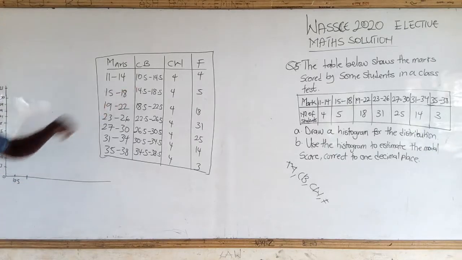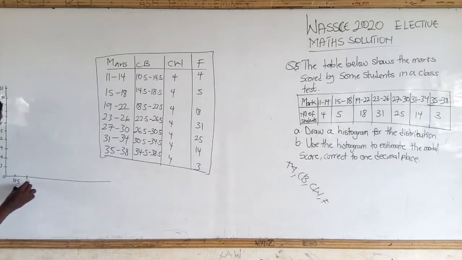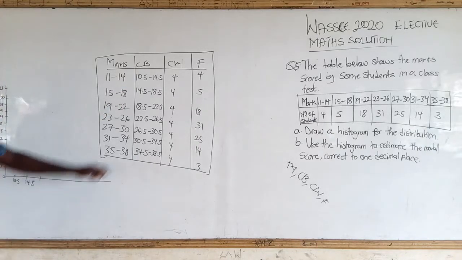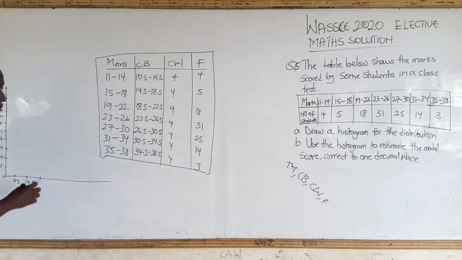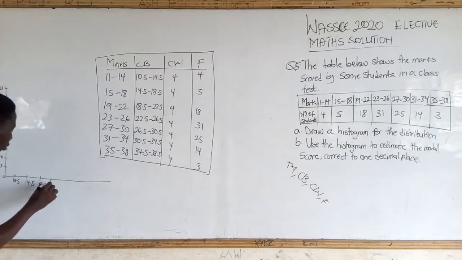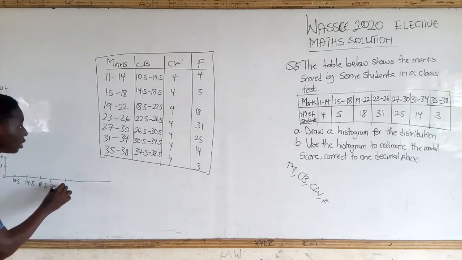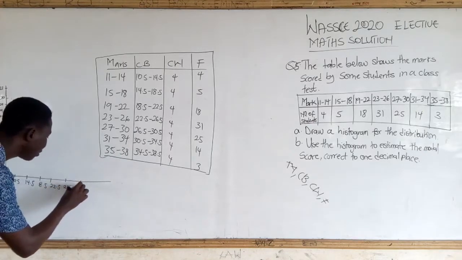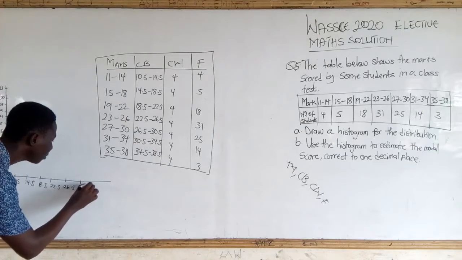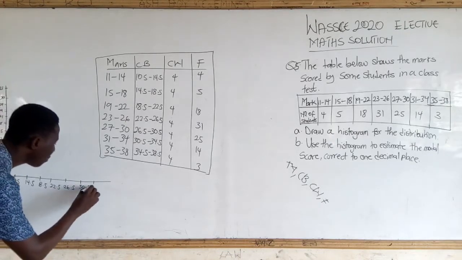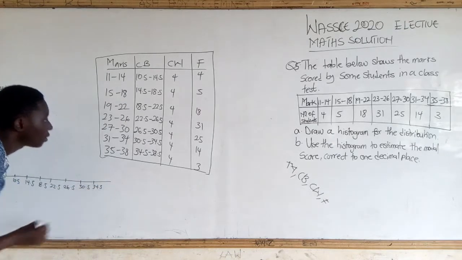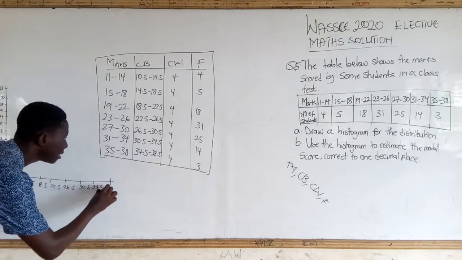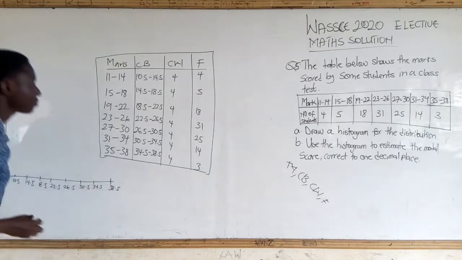Then for the class boundaries, we are going to consider from 10.5 to 14.5, and then the next one is over here, 18.5, 22.5, 26.5, 30.5, 34.5, and 38.5.